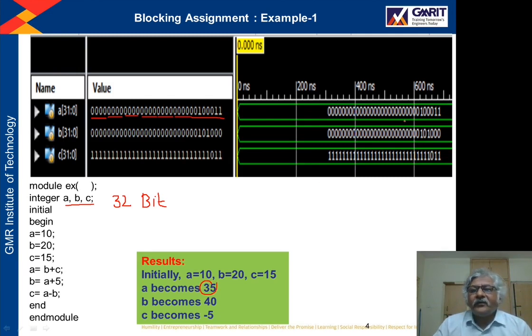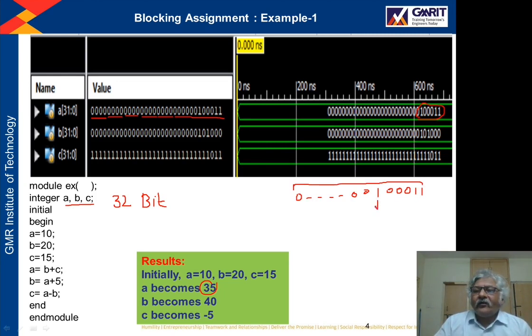So see here what is mentioned. In the lower bits, you see what is written here. It is 1 0 0 0 1 1 and all zeros, so in total these are 32 bits, right? So what is the decimal equivalent of this binary?